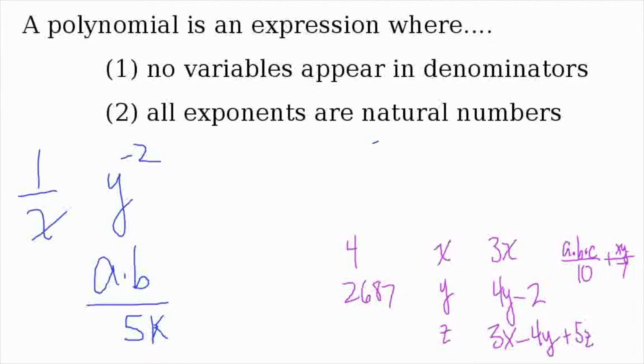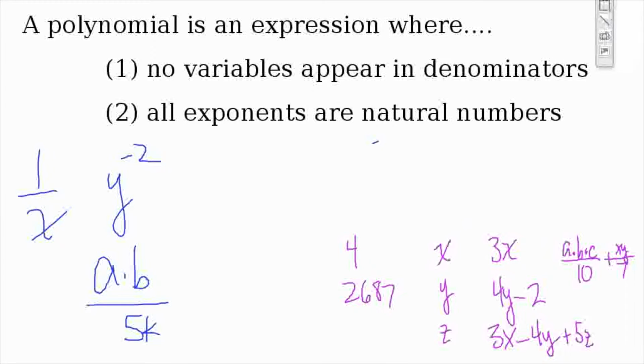If we just put the 5 downstairs, we would have been fine. Let me fix the k. And then let me give you some terms of polynomials.